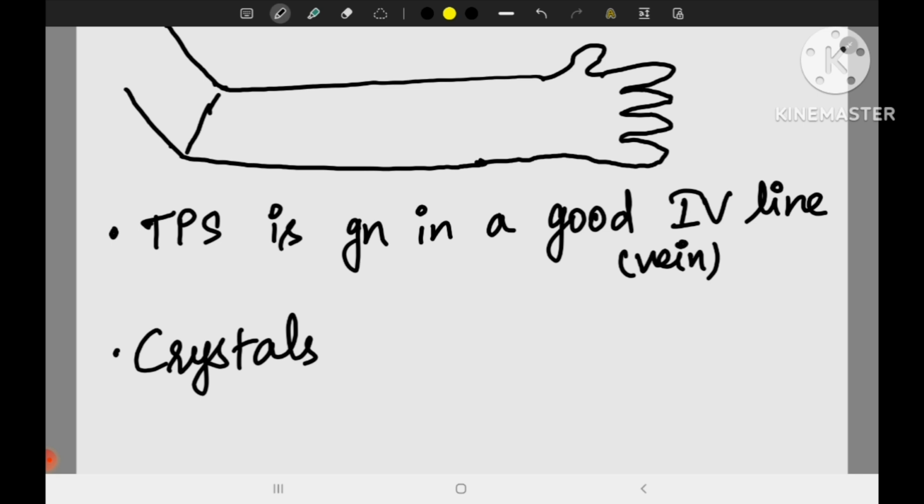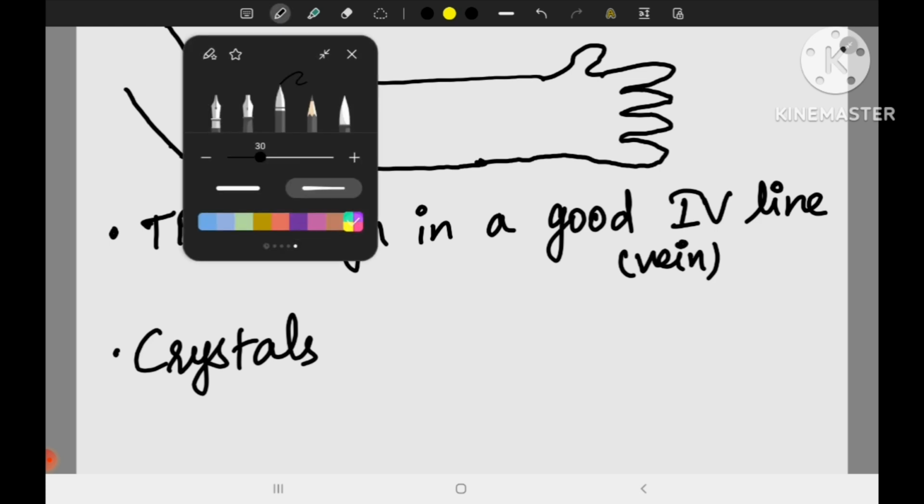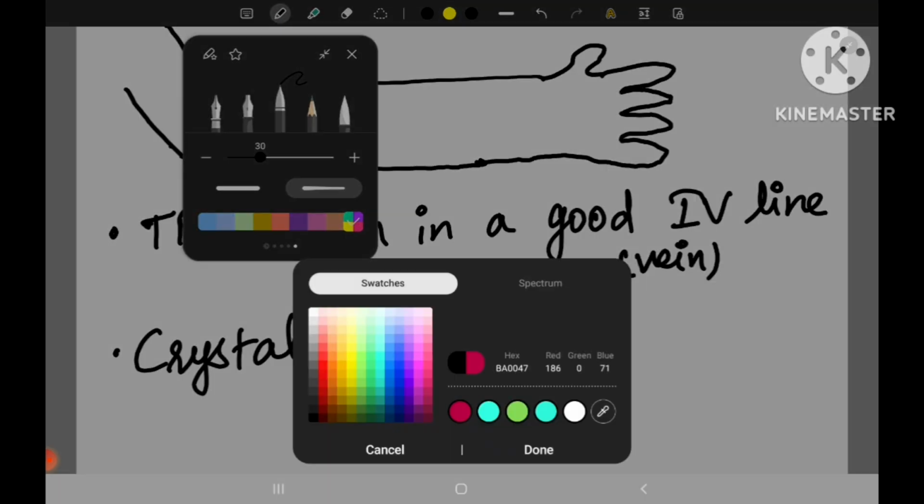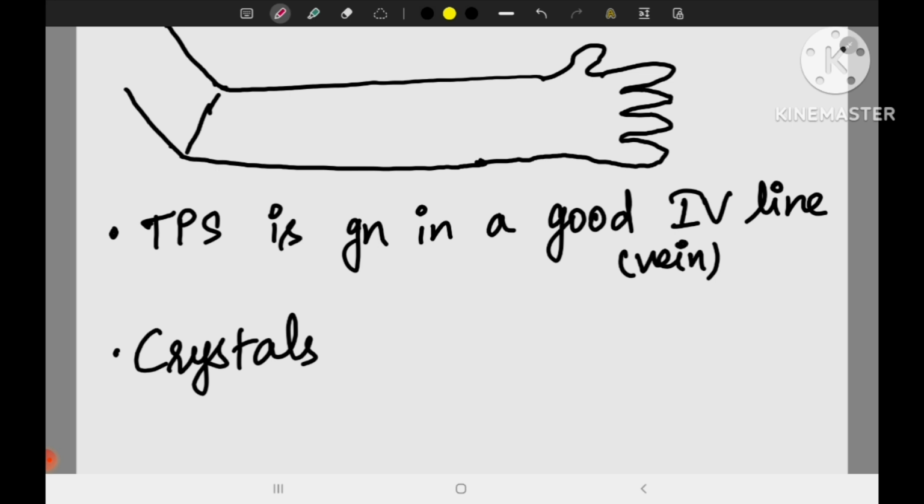So what would have occurred in this patient about whom we are discussing? As we see here, this is the brachial crease. If a patient has been administered through a good IV line, mostly this condition would not occur. As the image is given as a hand, mostly this patient would have got the injection at the brachial site.